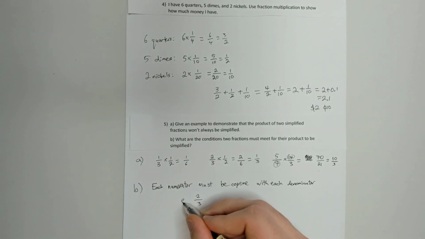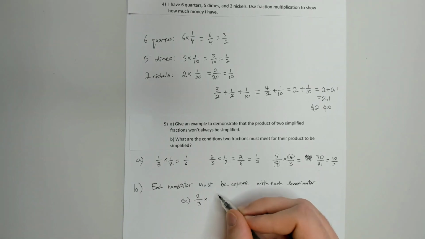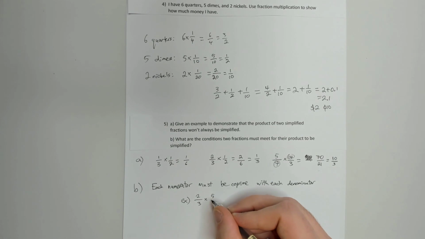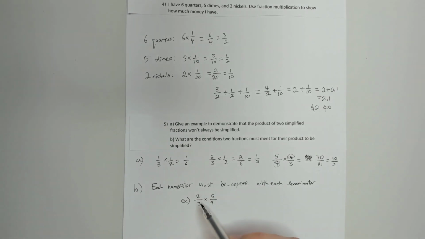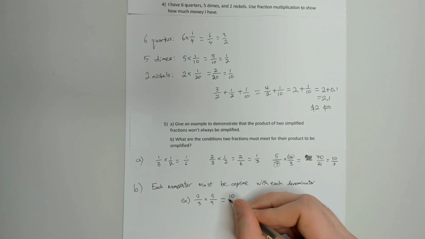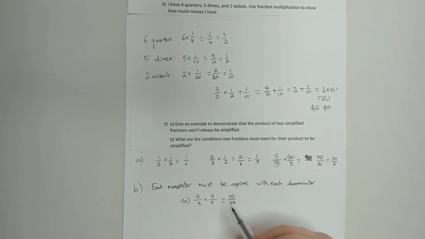So for example, if we do 2/3 times 5/9, 2 is coprime with 3 and 9, 5 is coprime with 3 and 9, so this will give us a simplified fraction right off the bat when we multiply it, right? No common factors in 10 with 27 because they weren't produced by anything with common factors.